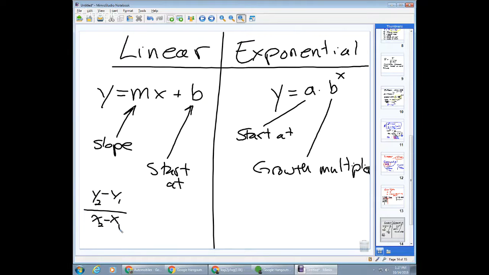So that's why we had to do those 2 subtractions and divide with that last example. The growth multiplier is usually going to be something like y2 over y1, or maybe y3 over y2. If something's exponential, if you divide consecutive values, you should get the same amount each time.